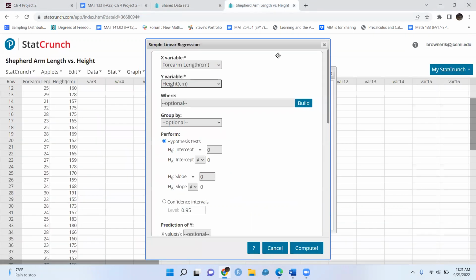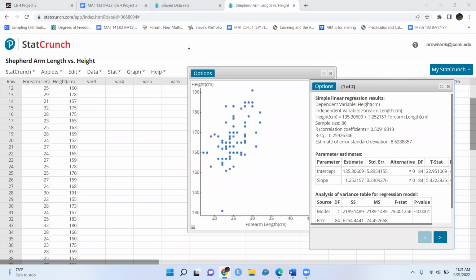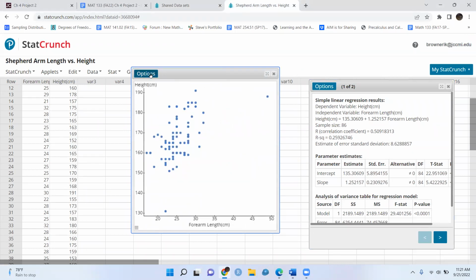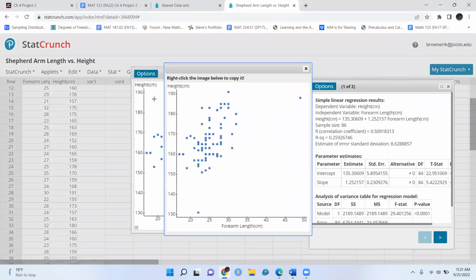Yes, Laura's right. Brianna, do you have a Mac? You have a Mac, so the best way to do this is click Options and Copy, and it pulls this up, and then you right click and copy image.